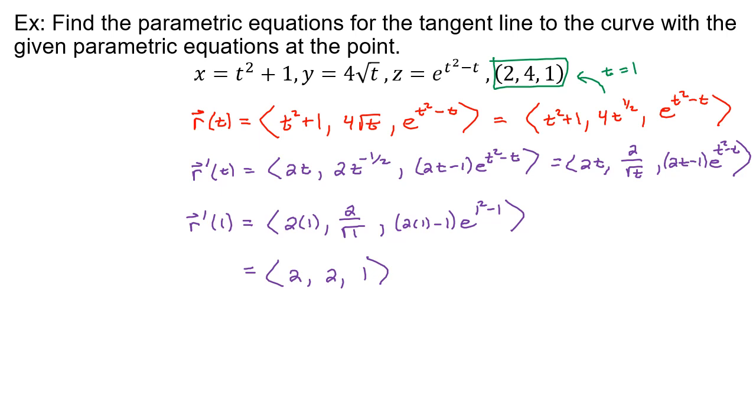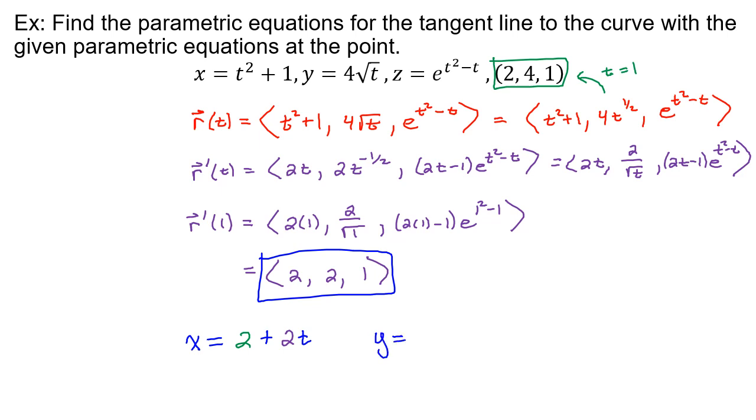Now you remember when we did lines back in 12.5, we needed a vector and we needed a point. Well, now I have a vector. This would be like my vector v from back in chapter 12.5. And then I have my point up there at the top, so I can write my parametric equations: x equals the point, the 2, plus the vector 2 times t.